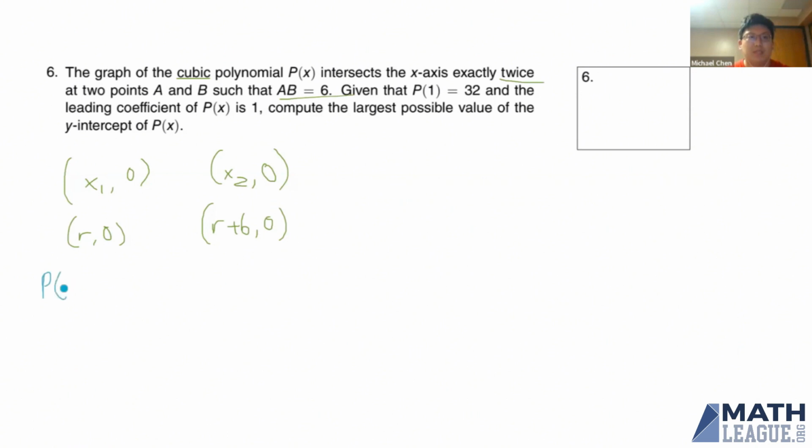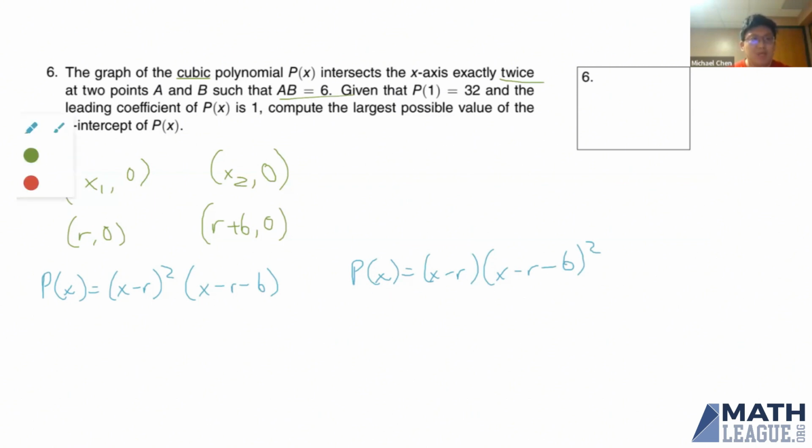P of x can be of the form x minus r squared times x minus r minus 6, or we can have p of x be x minus r times x minus r minus 6 quantity squared, depending on which root is repeated.